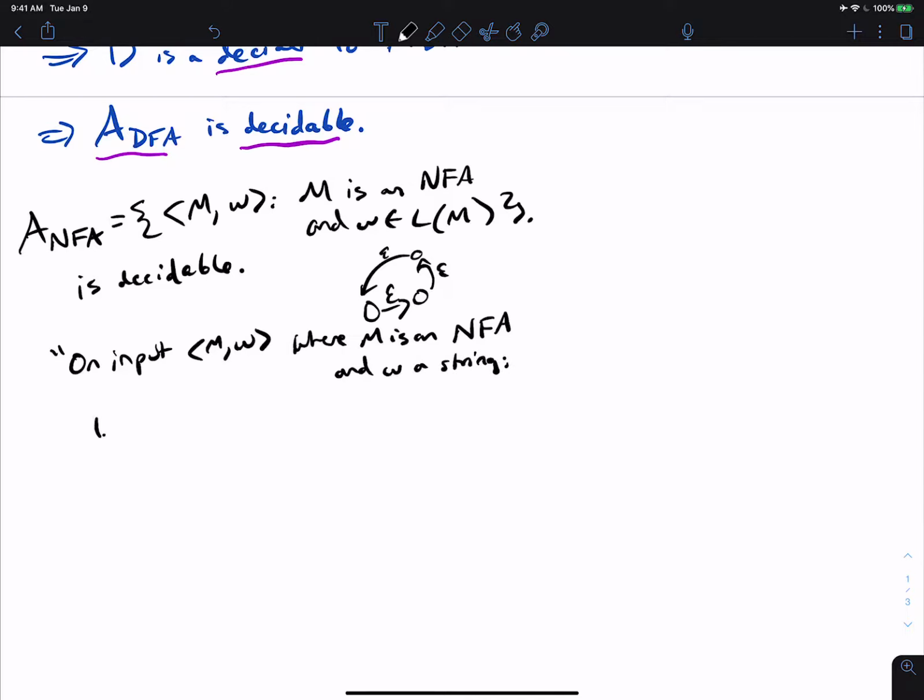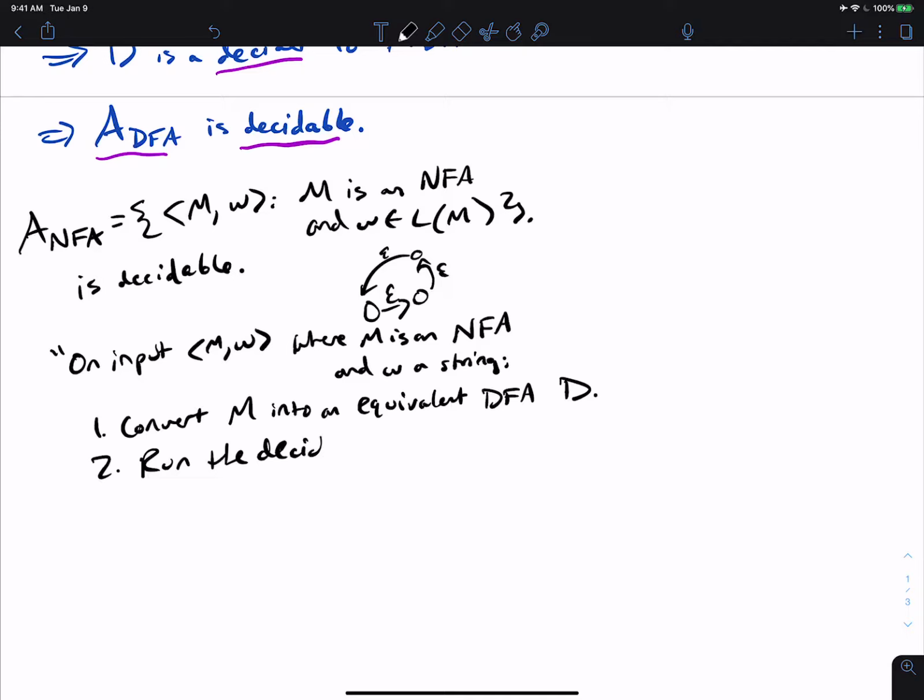So the first step is let's convert M into an equivalent DFA I'm going to call D. And let's run the decider for A sub DFA on some input.